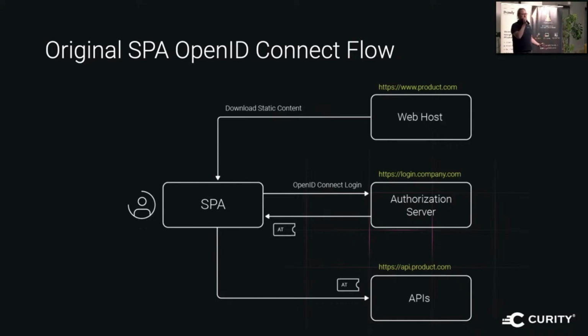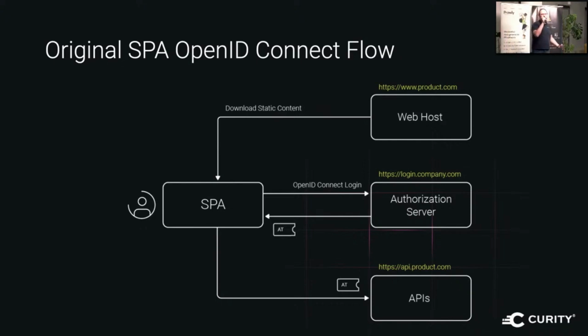When you have an SPA and you use OAuth or OpenID Connect to authorize access to your APIs, usually you would have something like a web host or a CDN from where you serve your static content, so all your JavaScript, CSS files, and they end up in the browser and start the SPA.